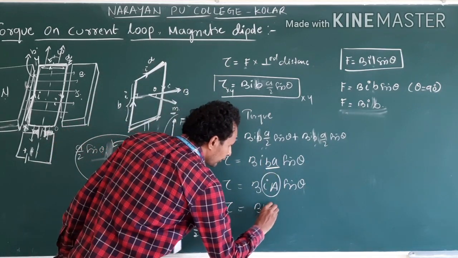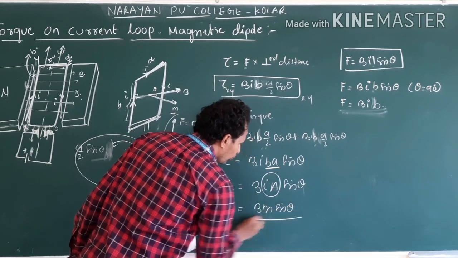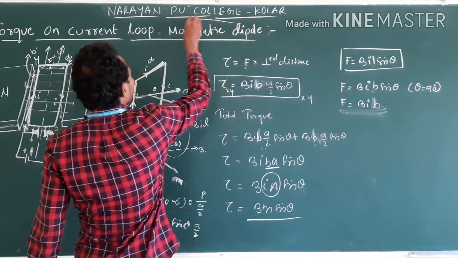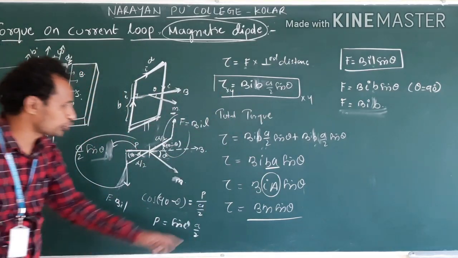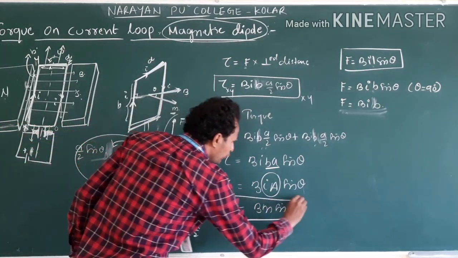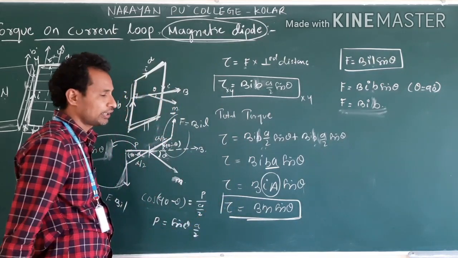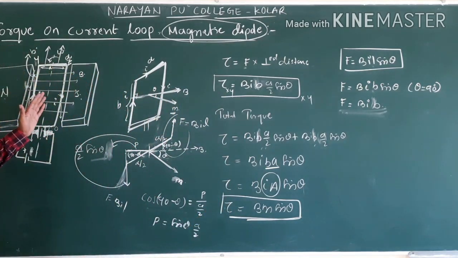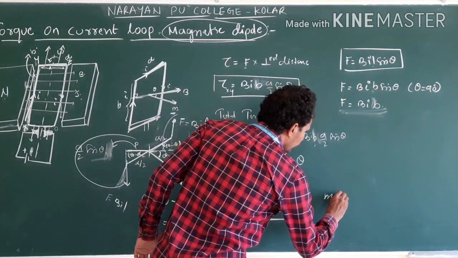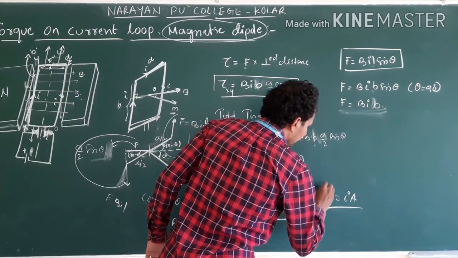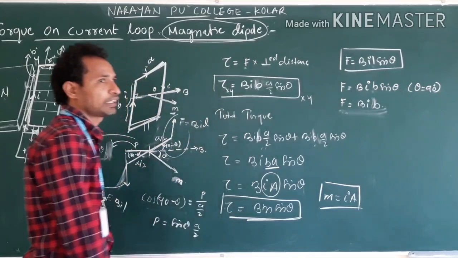Now tau is equal to B into current into area. We call current into area the magnetic moment, or magnetic dipole moment. Understand? Small m. So this is tau, the torque experienced by the loop, not the conductor, loop in a magnetic field. What is M here? M is equal to I into A, area into current.